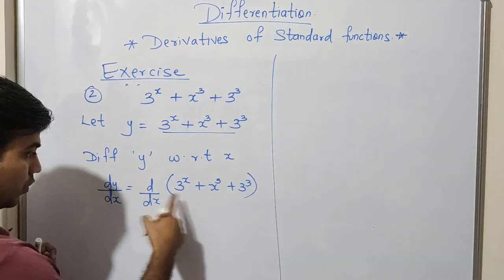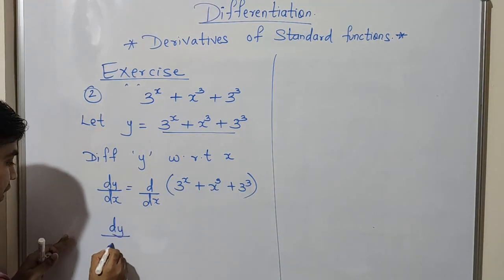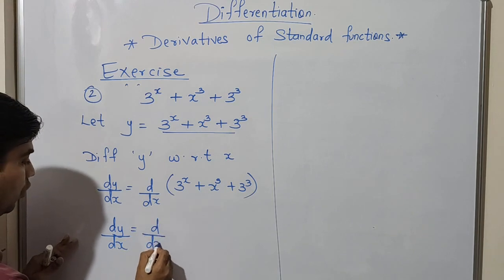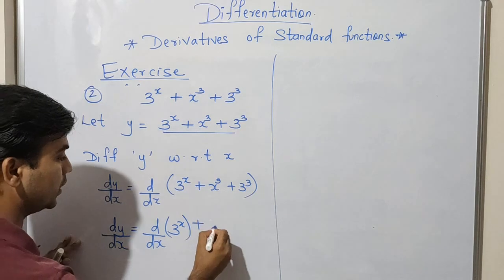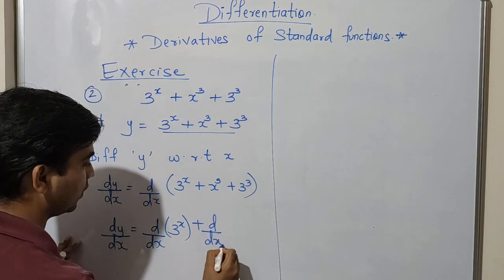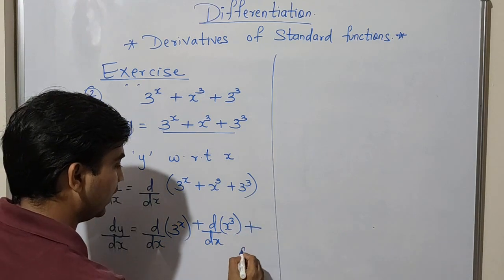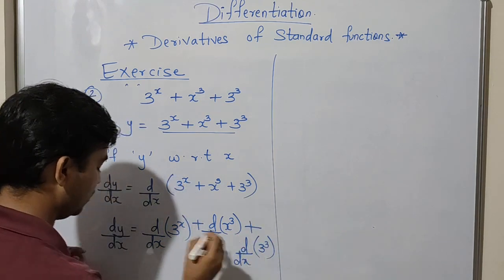Use the sum rule, separate all the functions. So dy by dx is the derivative of 3 raised to x plus the derivative of x raised to 3 plus the derivative of 3 raised to 3.